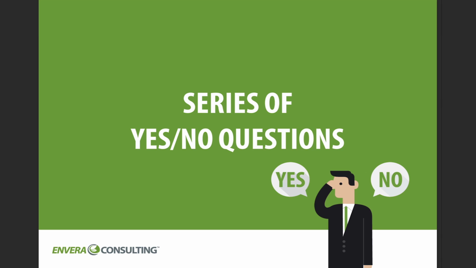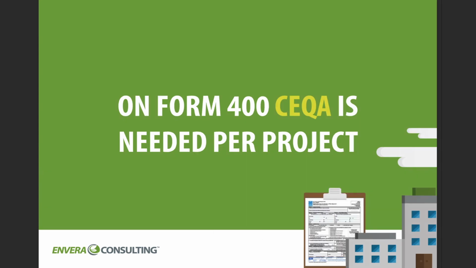However, if you answer yes to one or more of the questions on the Form 400 CEQA, then additional information may be needed to further assess the applicability of CEQA. Now, when it comes to how many CEQA forms are needed, one form is needed per project.